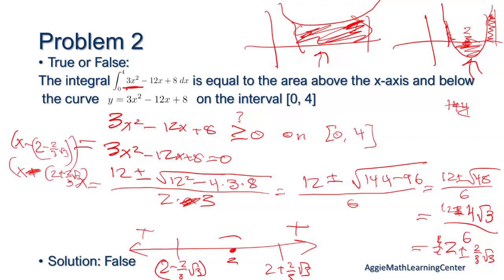Those are the two roots of 3x squared minus 2x plus 8, and they both have exponent 1. So their multiplicity is 1. It's odd. It's the exponent.